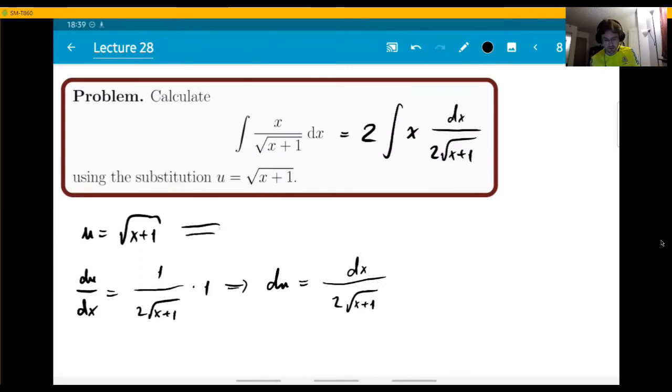That's the type of situation where you also need to go back here to the relation between u and x and find the inverse relation, in other words, solve for x in terms of u, which is what I'm doing here. Just take the square and subtract 1. This is x in terms of u.